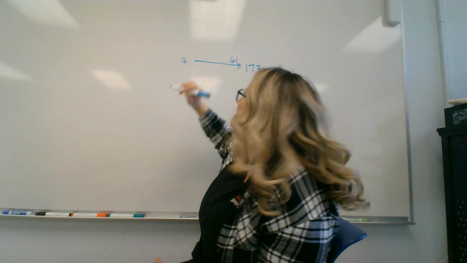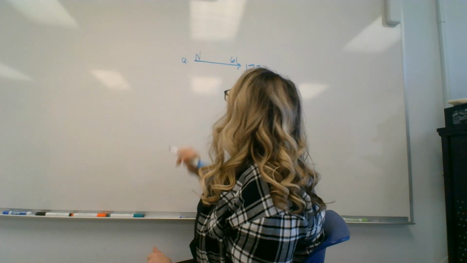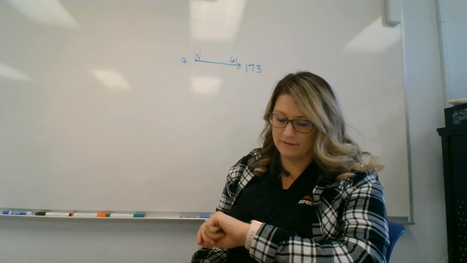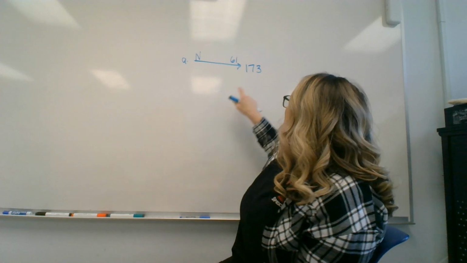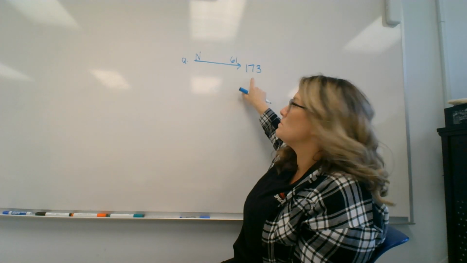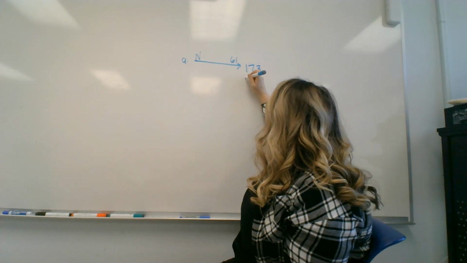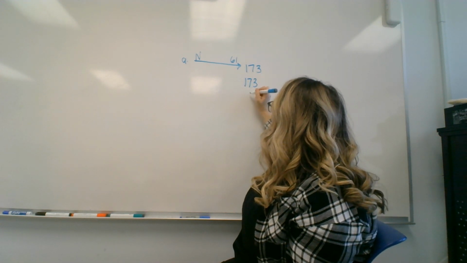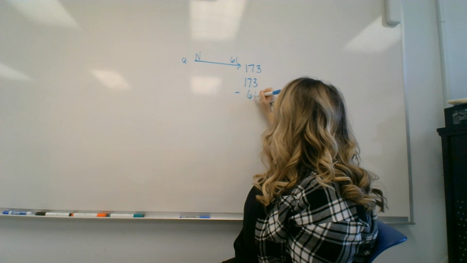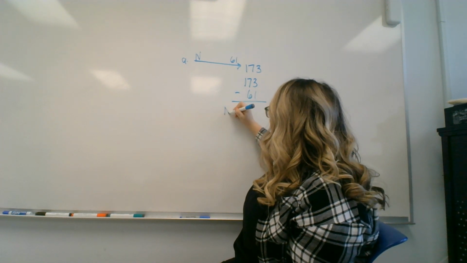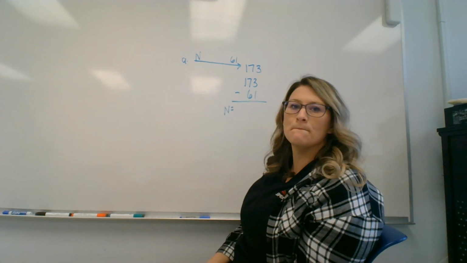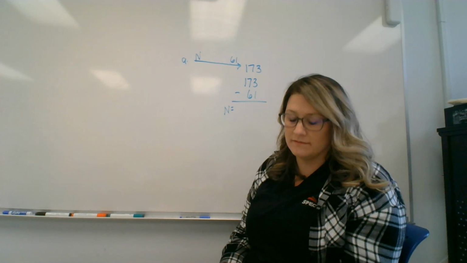The first small number is N. I do have enough information to complete this. So I'm going to go ahead and work backwards because I have my big number. So I need to find my small number. So my problem is 173 minus 61. And we're going to be solving for N.